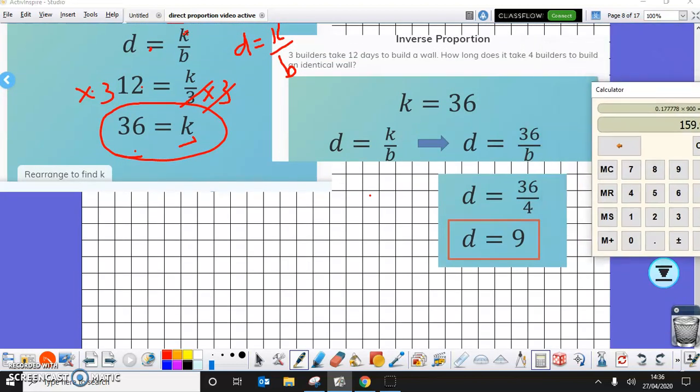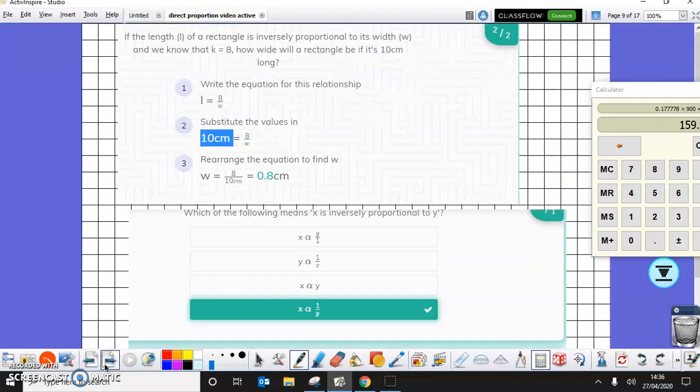We know k is 36, so what would be the number of days, 36 over the number of builders? How many days would it take me? So we're trying to find d if we had 4 builders. 36 divided by 4 gives me my 9. So again, all we're doing is multiplying or dividing to find these values.